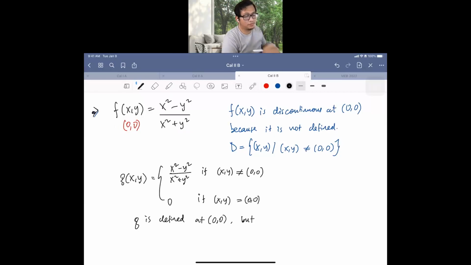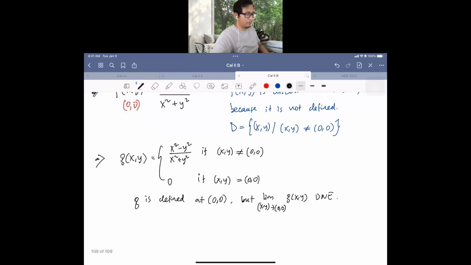But the problem is the limit still doesn't exist. So still not continuous.